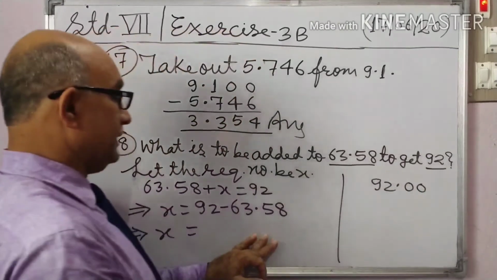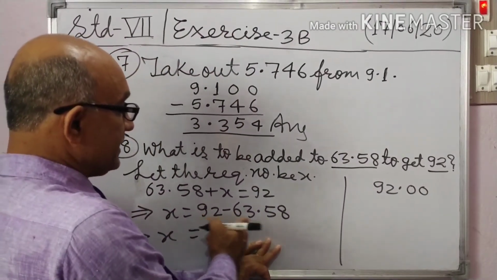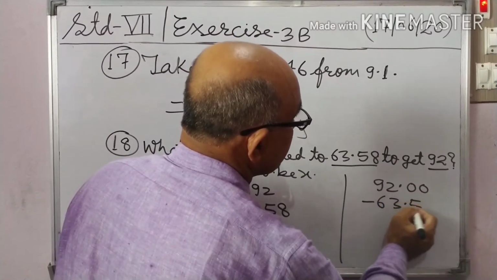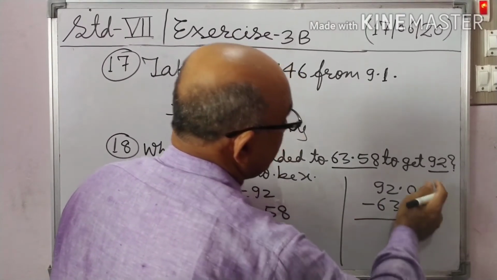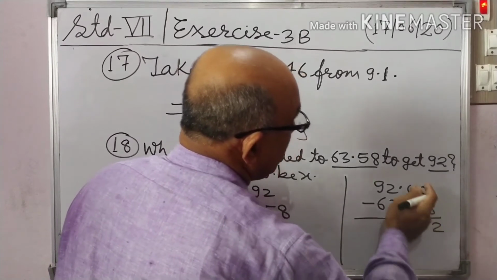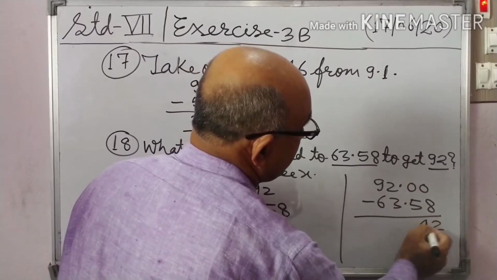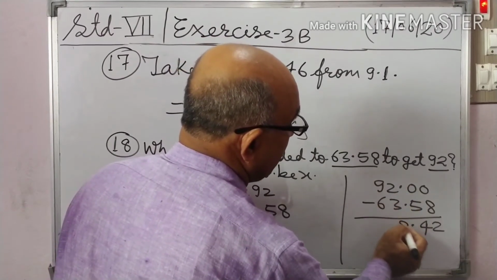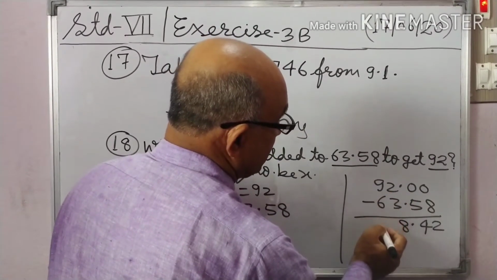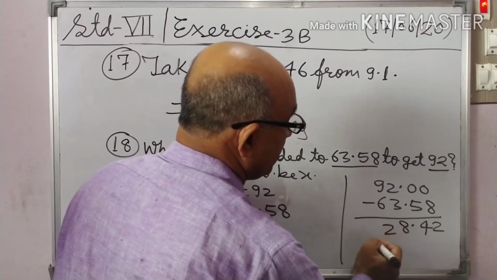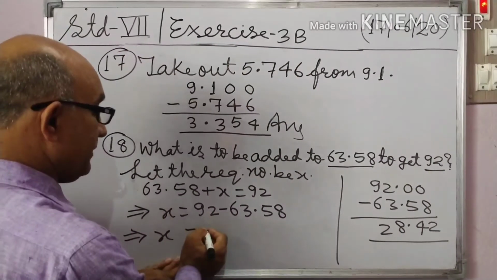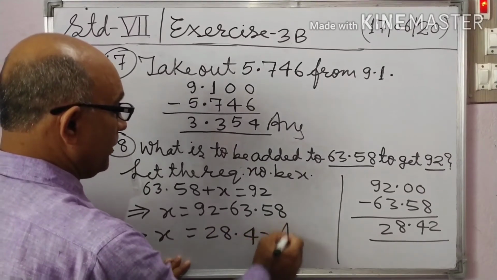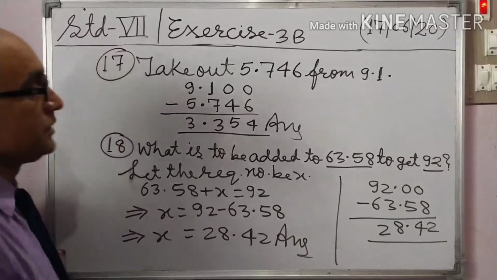So 92.00 minus 63.58. 10 minus 8, 2. Here 9 minus 5, 4. Decimal point. 1, that means 11 minus 3, 8. 8 minus 6, 2. 28.42. So the answer is 28.42. Answer of this question.